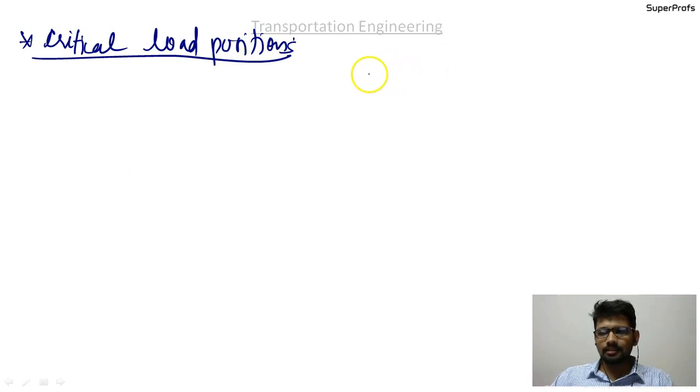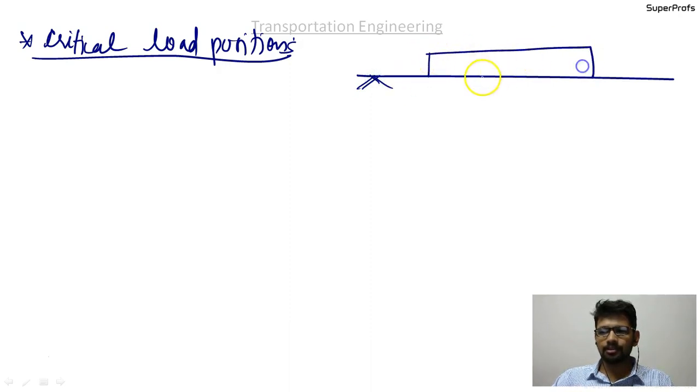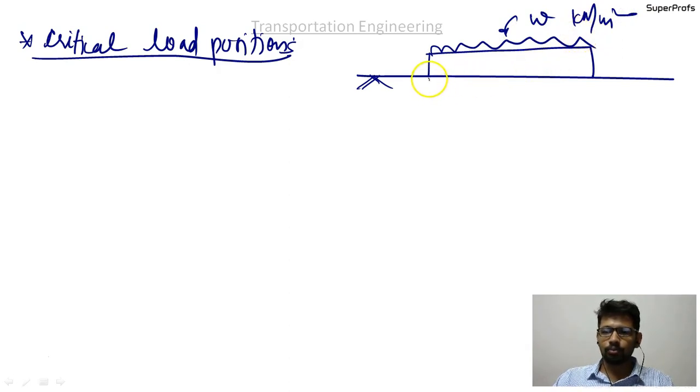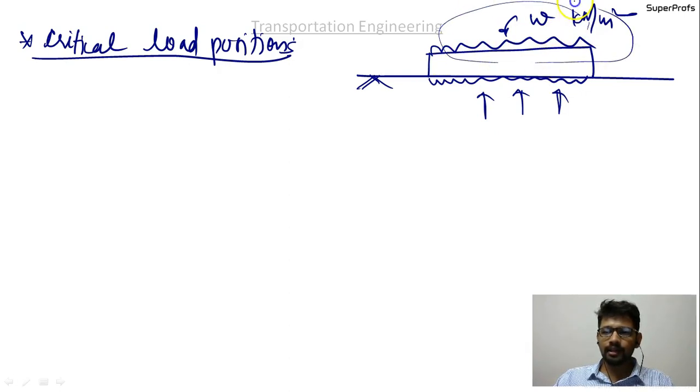Since the pavement is like this, this is soil, and the pavement is laid like this, there will be some self weight, say W kilonewton per meter square, and there will be an equal and opposite reaction from the soil. So this self weight is getting nullified.